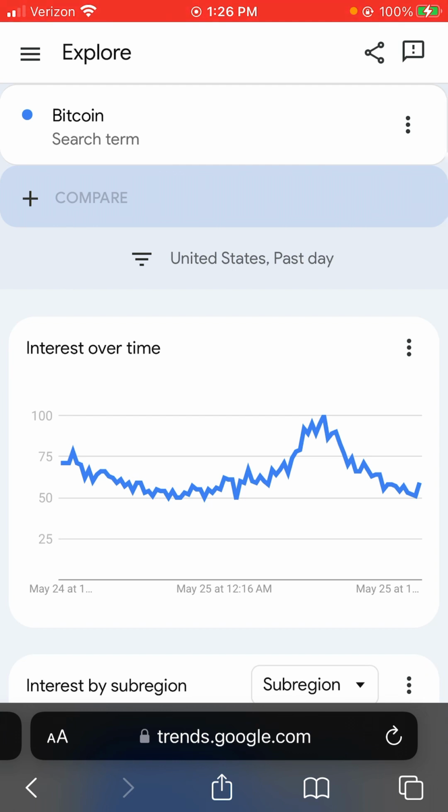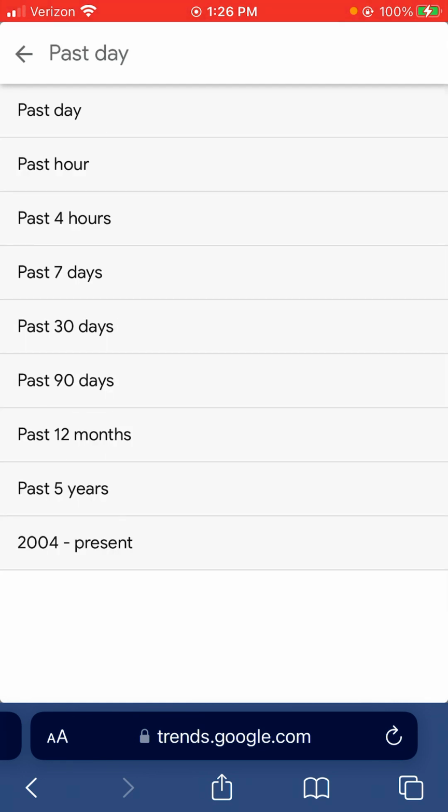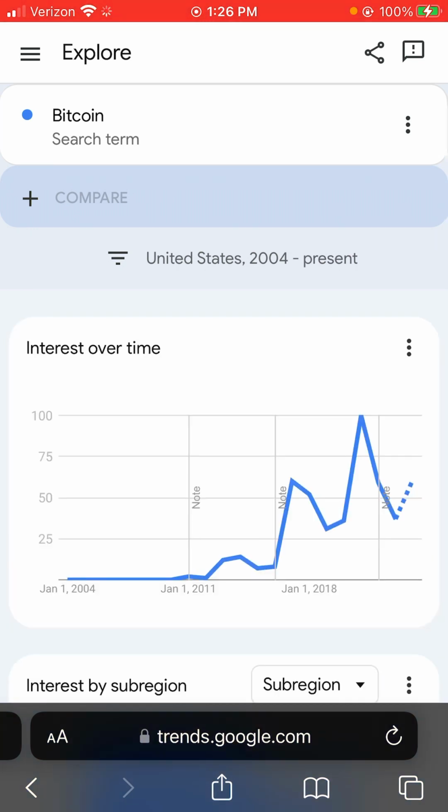And go. So essentially, what I'm looking for here is how does the price correlate with the Google search?